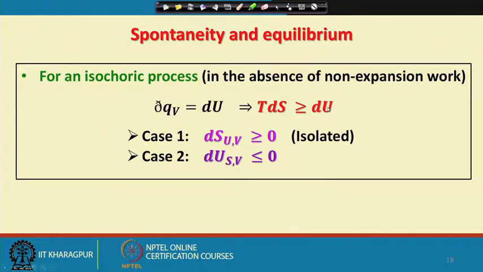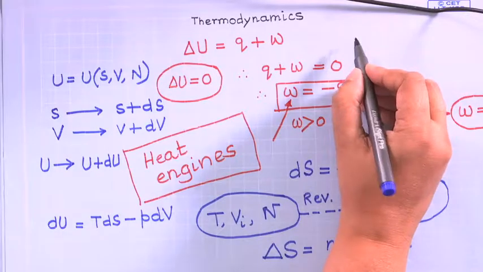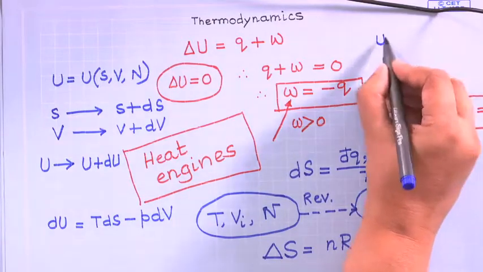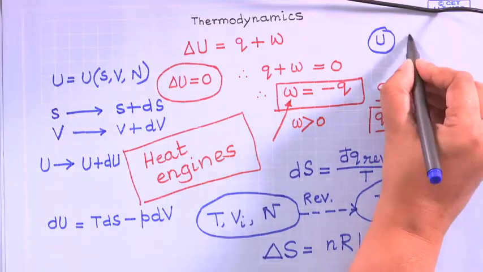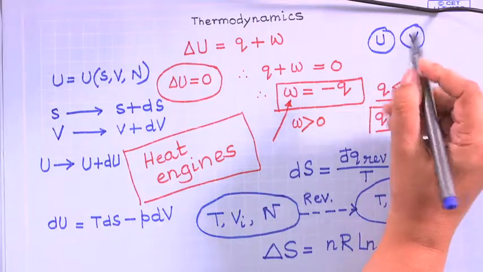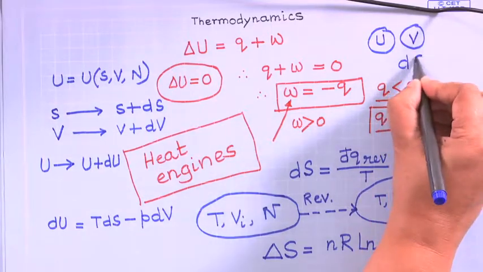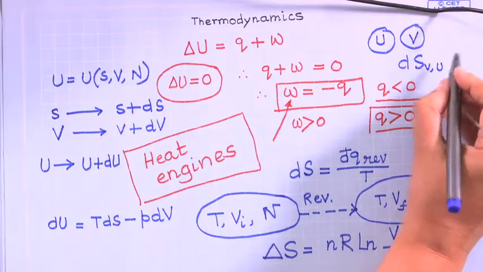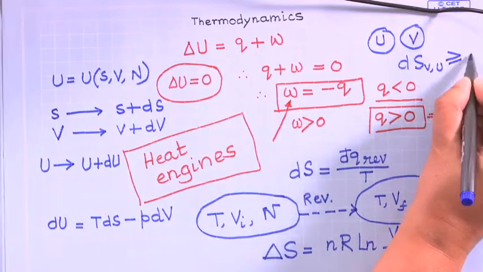Now, you can carry out several experiments, one of which is you start from an initial state which has some internal energy U, and you keep it fixed, and you keep V also fixed, and under such condition dS at constant U, V is going to be greater than or equal to 0.